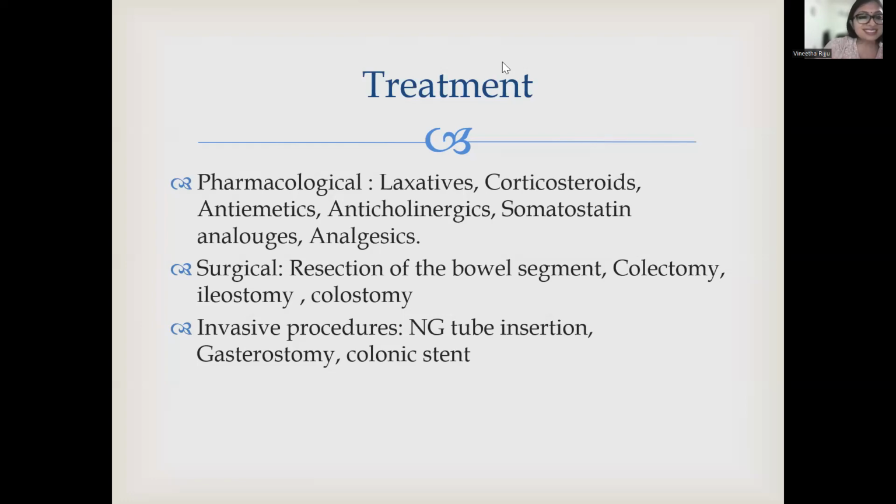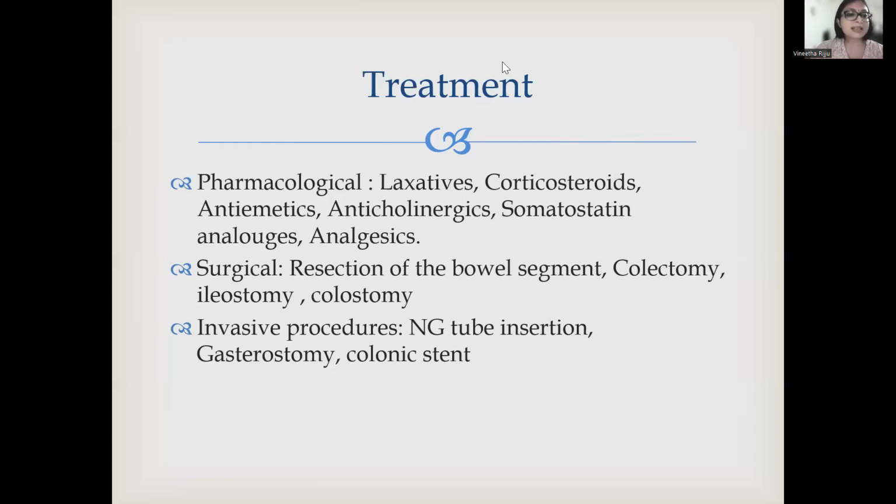Yes, we know of bulk enhancing laxatives, high fiber laxatives, stimulant laxatives. Bisacodyl is a stimulant, Dr. Shabnam says stimulant laxatives, yes. Stool softeners can be tried.